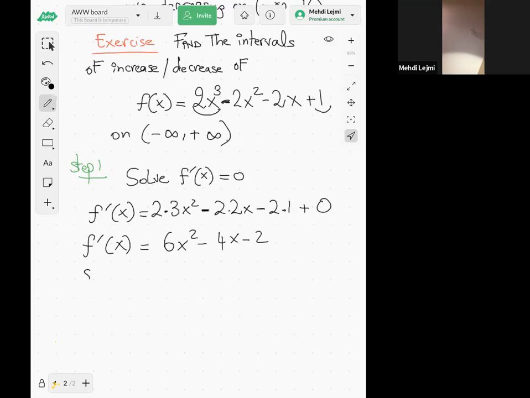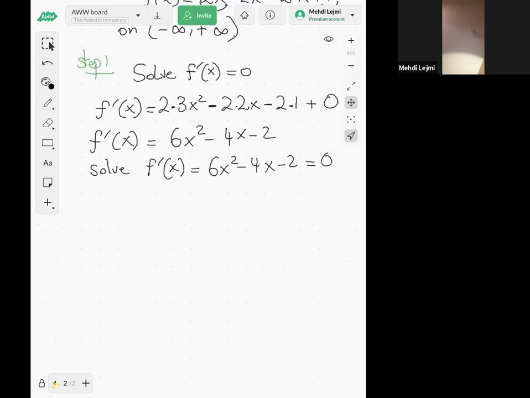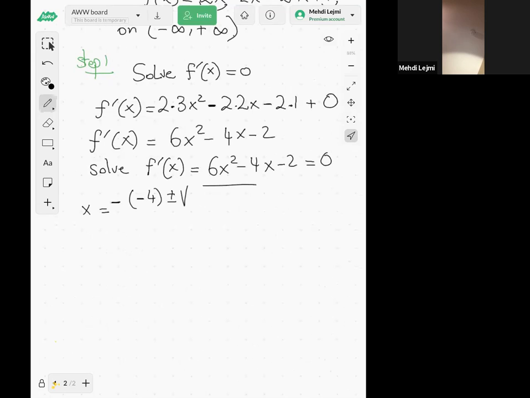So we have to solve f prime of x equal to 0: 6x squared minus 4x minus 2 equal to 0. That's a quadratic equation, so we have to use the quadratic formula. Your x is minus b, so minus -4, plus or minus the square root of b squared, that's -4 squared, 16, minus 4 times a, that's 6, times c, that's -2, the whole thing over 2a, 2 times 6.